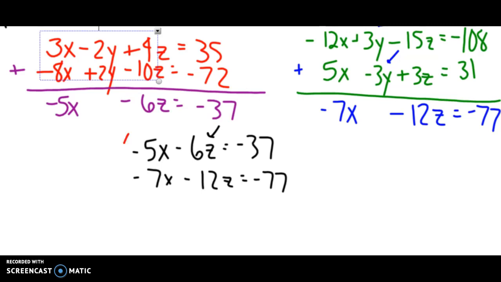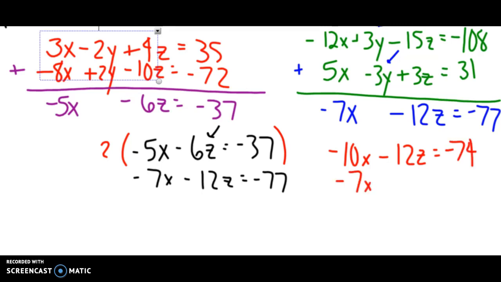So that's what I'm going to do. I'm going to multiply the whole top by 2. And so over here you'll see I have negative 10x minus 12z is equal to negative 74, and I have negative 7x minus 12z is equal to negative 77.